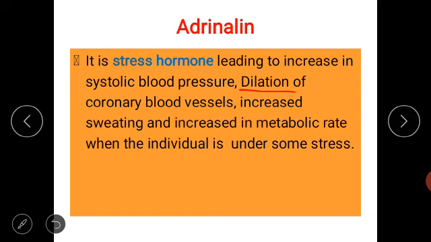Metabolism is increased after the secretion of adrenaline, and as metabolism increases, there is a fast breakdown of carbohydrate, and glucose is produced, which provides a lot of energy to the individual, and then the person can handle the stressed situation. That is why adrenaline is produced by the adrenal gland and released in stress conditions. So it is called a stress hormone.